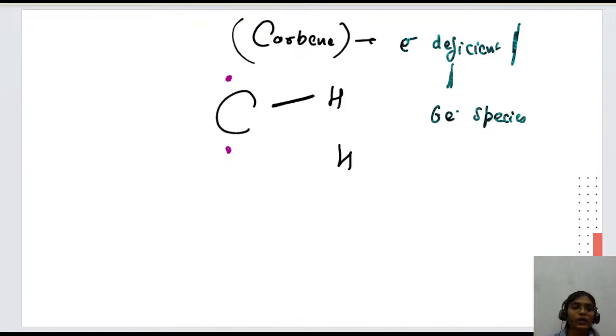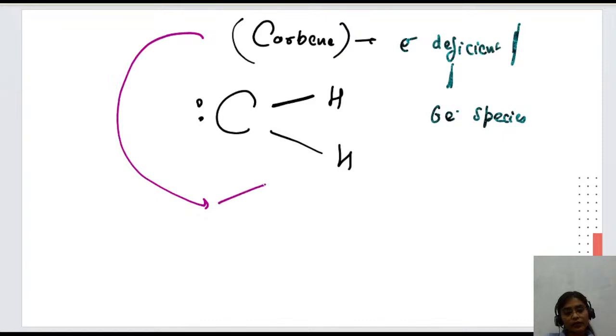Okay, cool then. This is carbene done. Now we have to classify this carbene into two parts: one is singlet and one is triplet. So now we are going to apply a little bit of the concept of atomic structure. So now answer this question please. If you don't know, don't worry, I will explain.